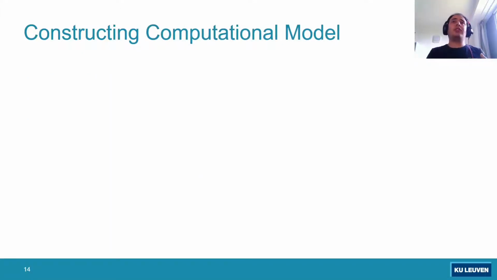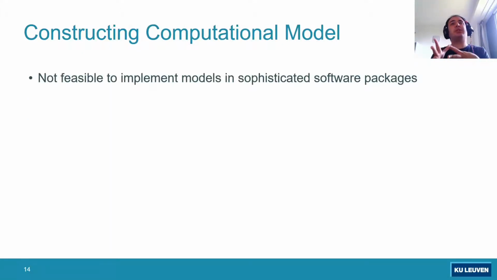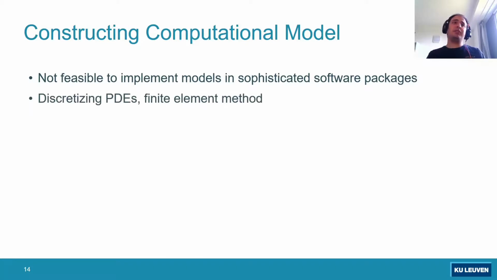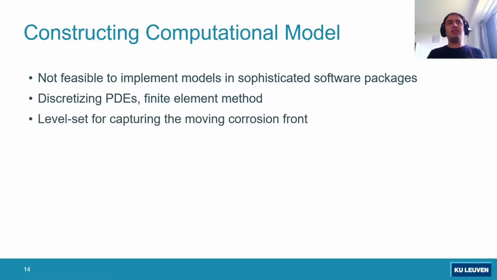In order to construct a computational model, due to the complexity of the mathematical equations and the mathematical model, it's not feasible to implement this in sophisticated software programs and already available commercial solvers like ANSYS and Abaqus. As a result, we decided to develop our own solver using the finite element method to discretize the PDEs. And as I said, we used the level set method to capture the moving corrosion front.